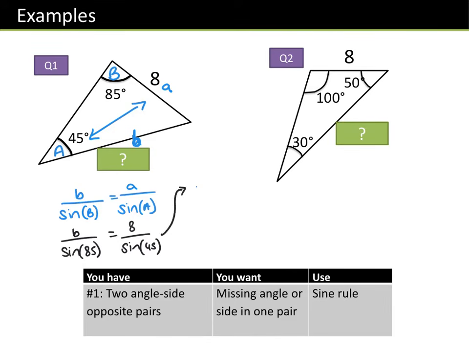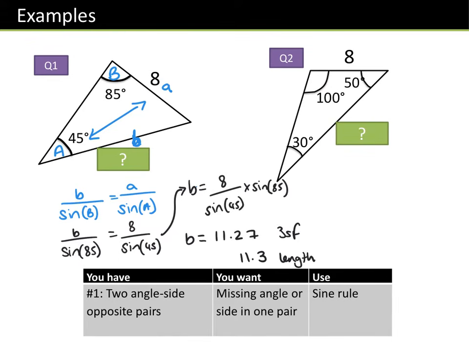So to find B, I'm going to get B equals 8 over sine 45 times sine 85. Means my B equals 11.27. Okay, if we're just doing three significant figures, it's going to be 11.3, and it could be centimetres or metres, okay? I'm just going to put here, this is a length, okay?